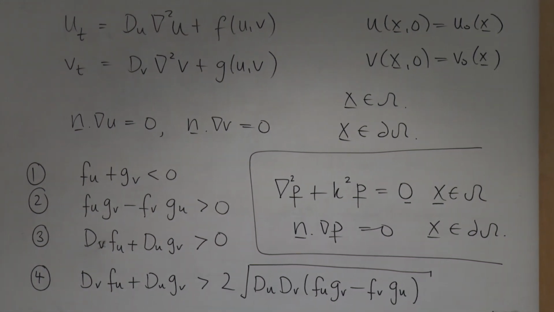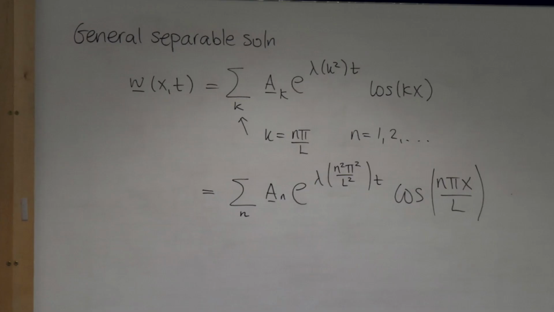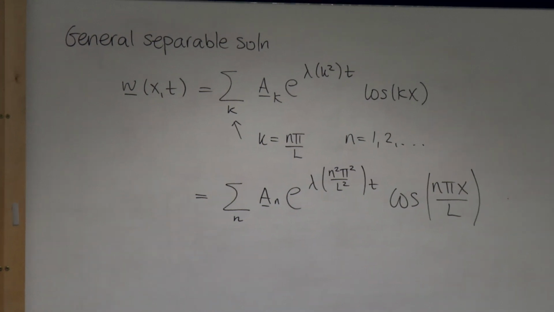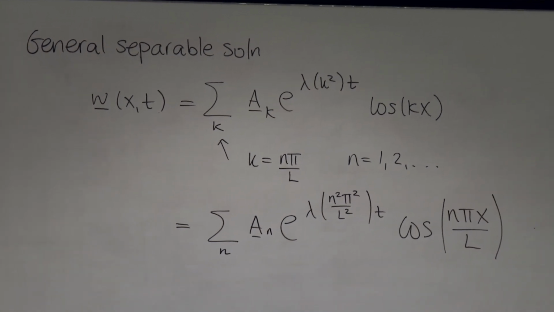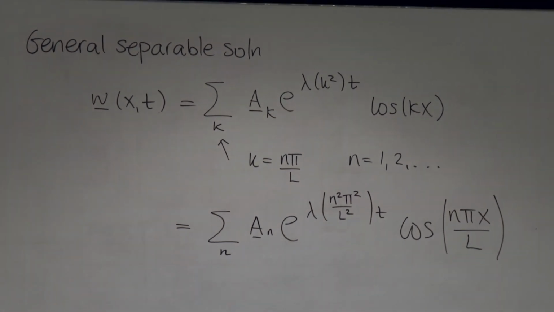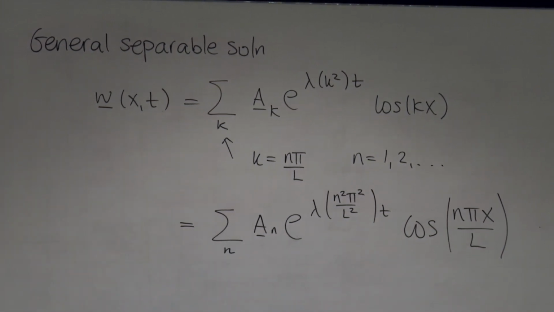So I'd held the solution at the steady state, for example, at the boundaries of the domain. Can anyone tell me what might be different about that separable solution? This goes back to the first year PDEs course. Yeah, you just get sines. Exactly. If we had Dirichlet boundary conditions, then instead of having cosines, we pull out sines in our solution. So that's one to remember.